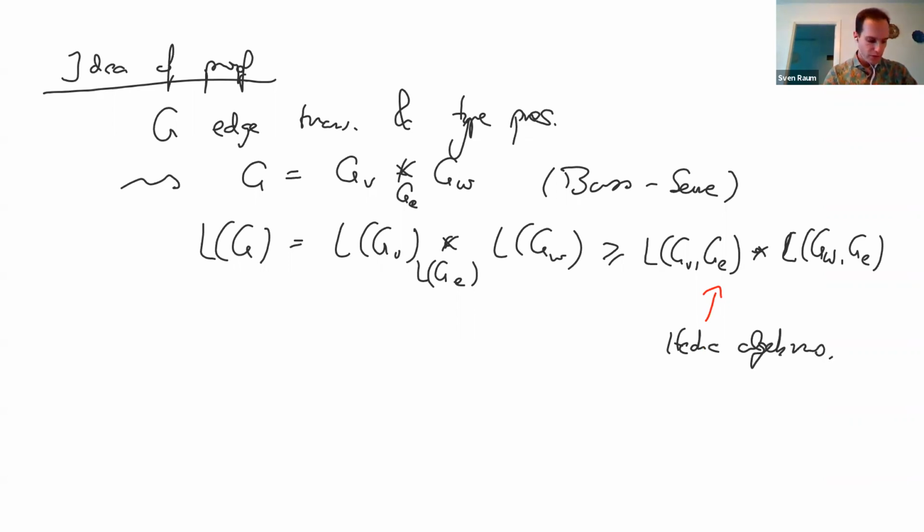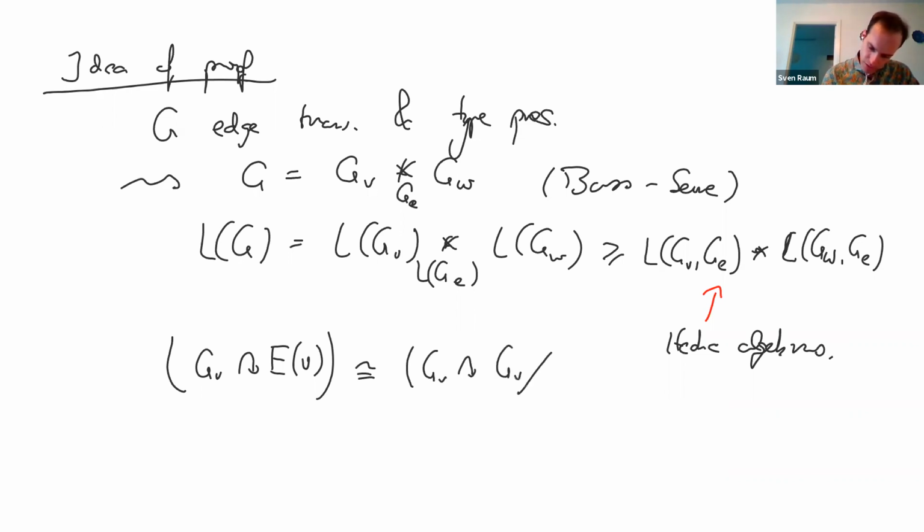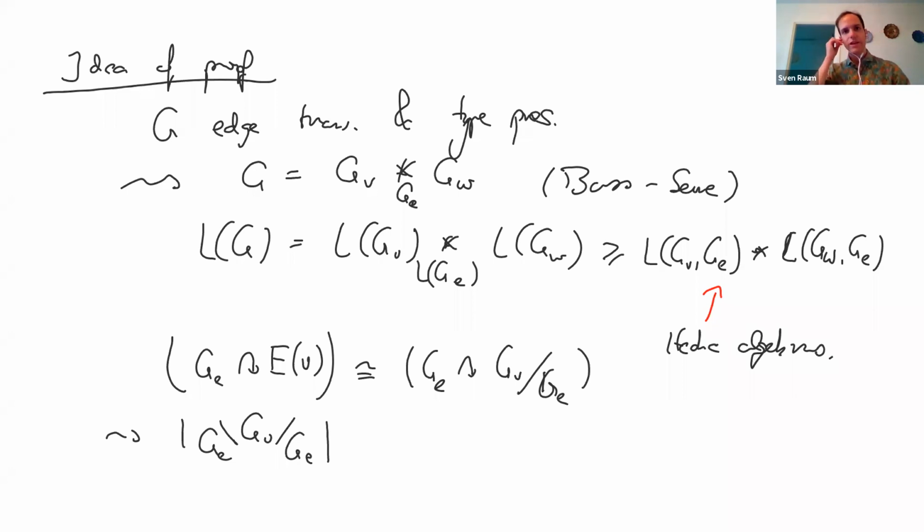And everything one has to do now is observe that G_V acting on G_E is conjugate to G_V acting on G_E, G_V modulo G. So the Hecke algebra will give us a free product where we have this here.